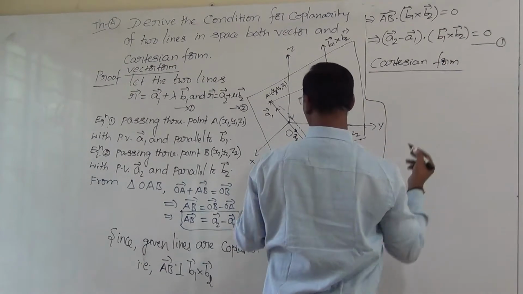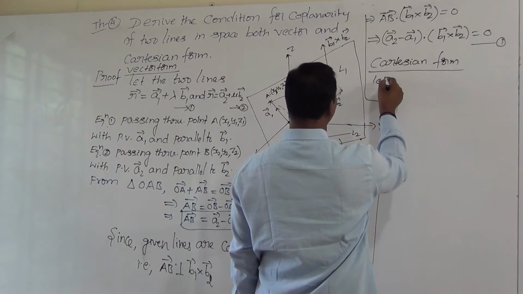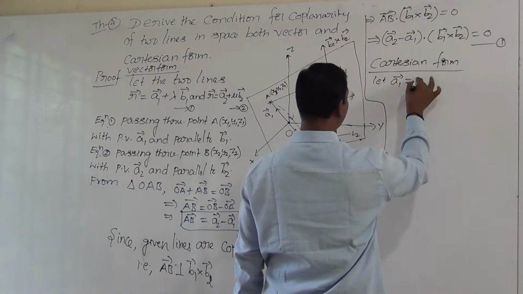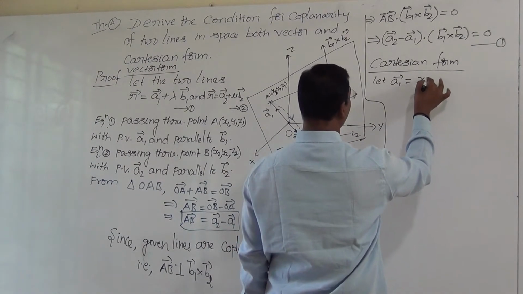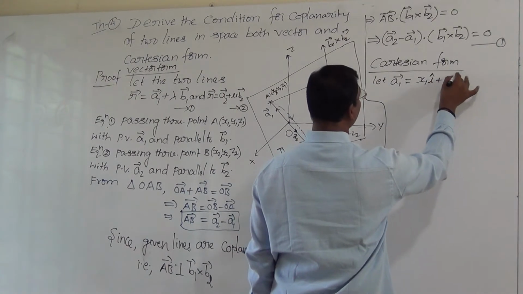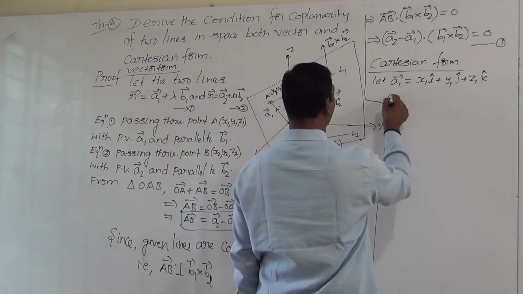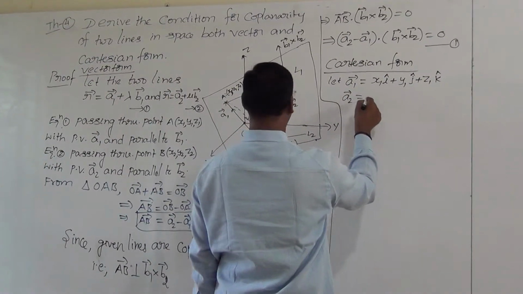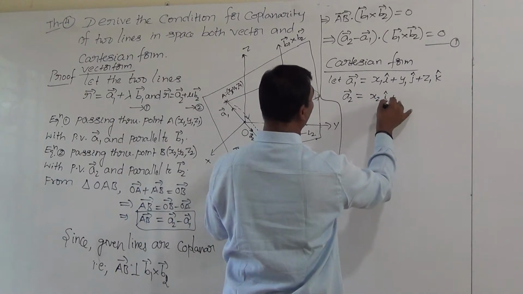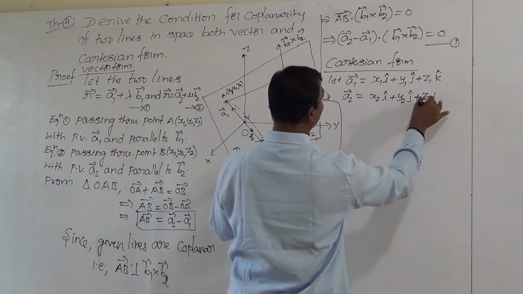Let A1 vector be equal to (x1, y1, z1), written in vector form as x1 i plus y1 j plus z1 k. A2 vector is equal to the point B, x2 i plus y2 j plus z2 k.